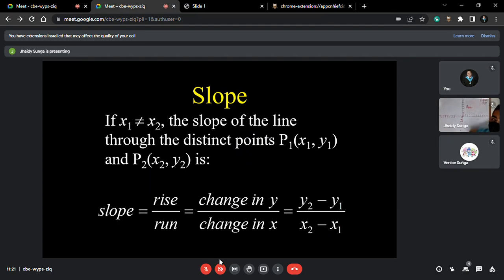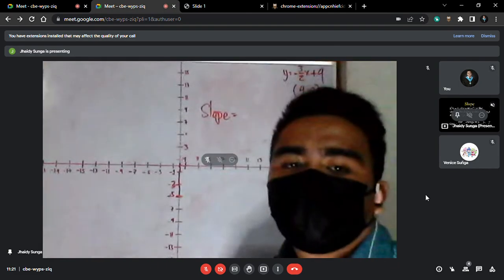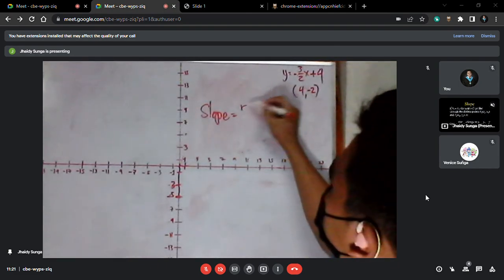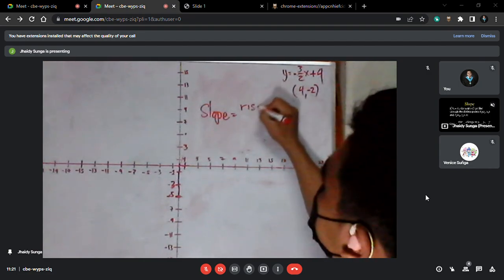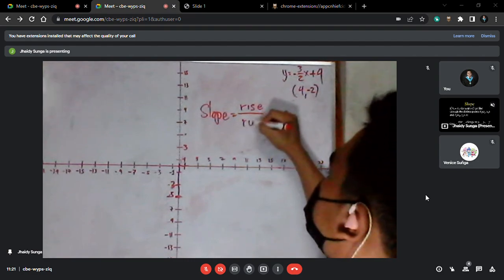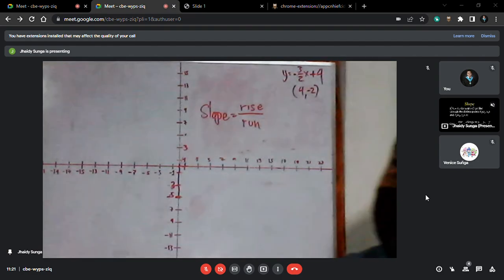So we could say that the slope is rise over run.